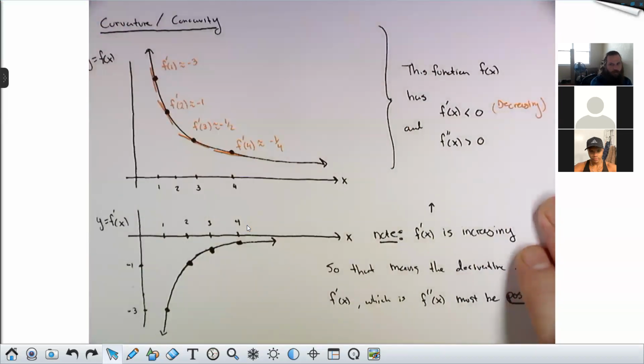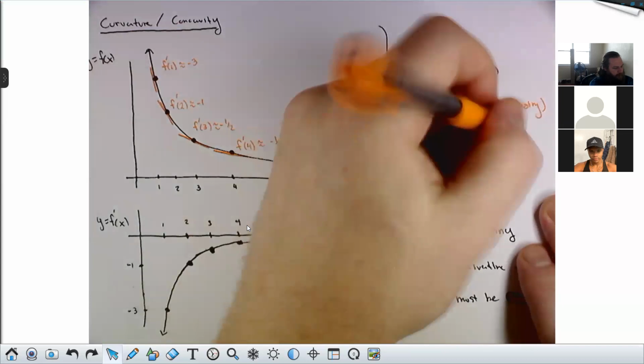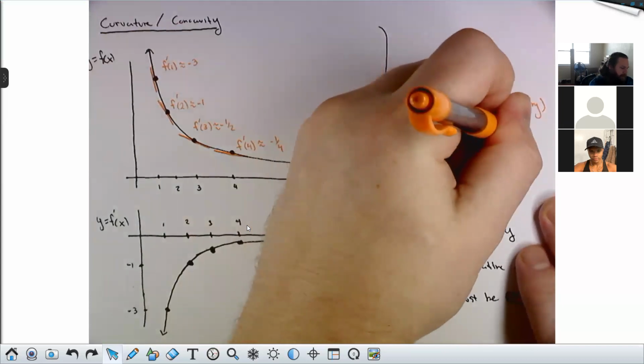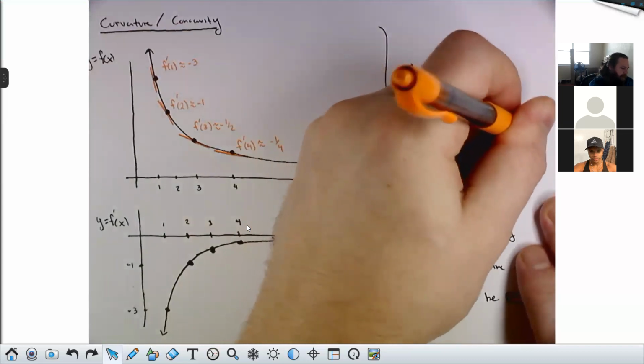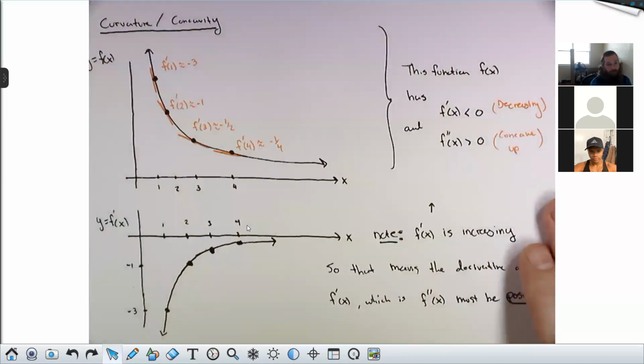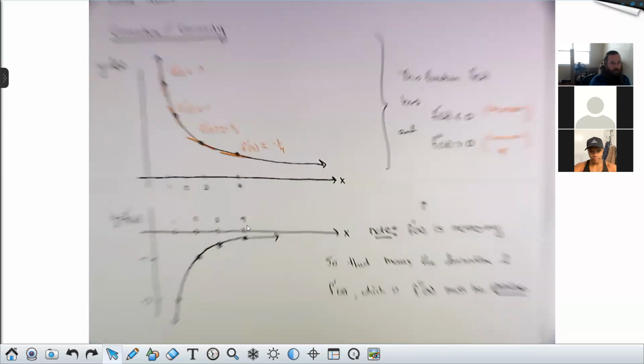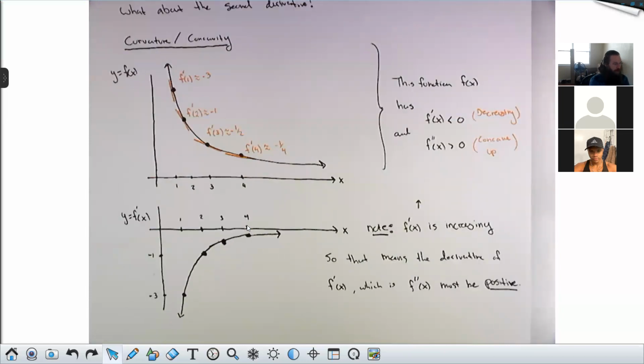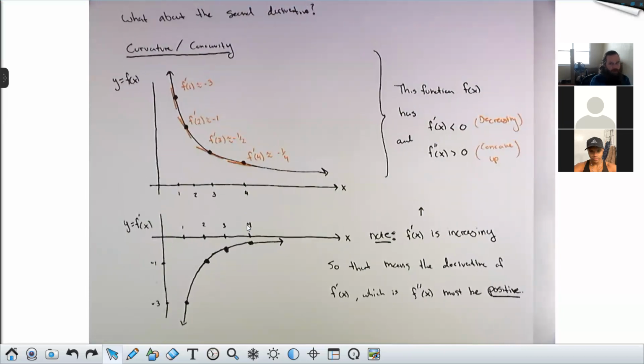The fact that f double prime is positive tells us that this is what's called a concave up function. So we're talking about curvature or concavity. The idea is that by estimating f prime and drawing the graph of f prime, we can say something about f double prime.